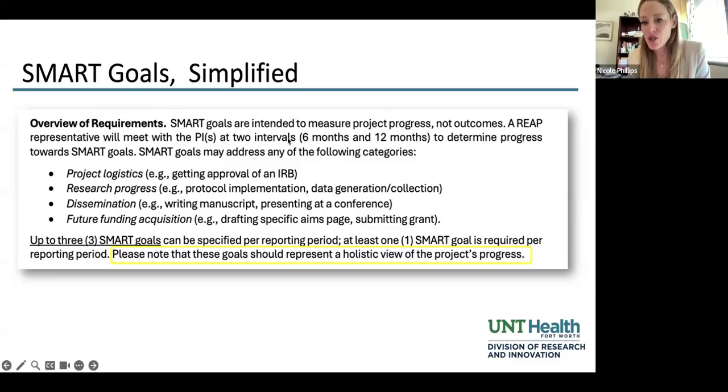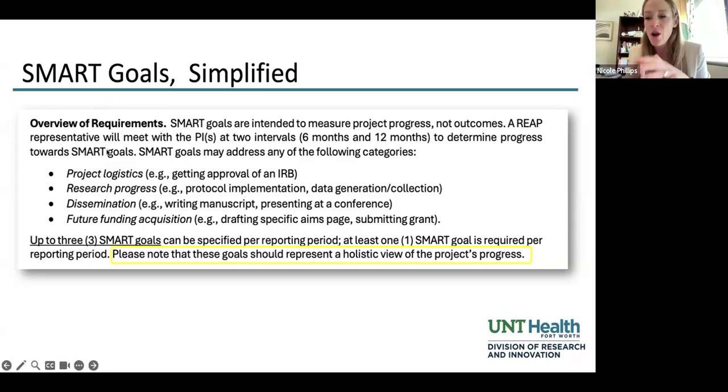But they're intended to measure, of course, project progress, not outcome specifically, and for grants that are $50,000 or more per year, the SMART goals will be part of the check-in at a 6-month period for the next tranche of the money to be released. If it's less than $50,000, the full funds will be released at initiation of the grant. So we're only doing the tranching that's been historically done for $50,000 or more.